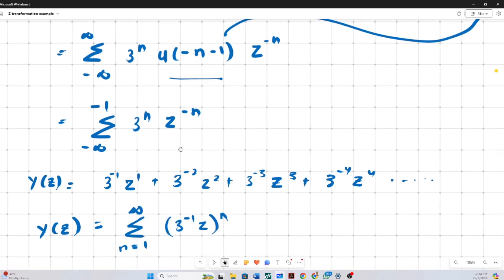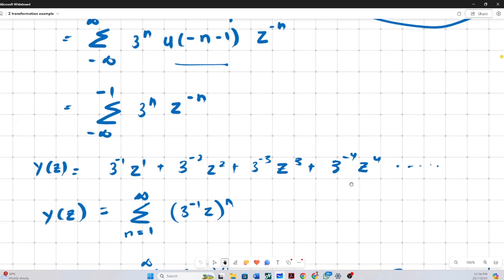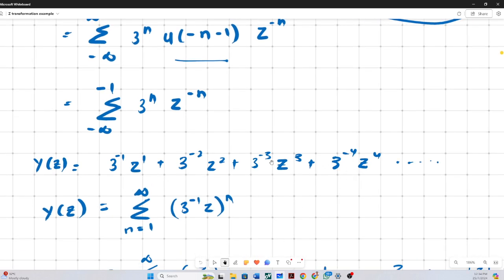So we can conclude that if we put the values here, we can rearrange like this: 3^(-1) z^1 plus 3^(-2) z^2, by replacing all the values here, and then we can rearrange back.